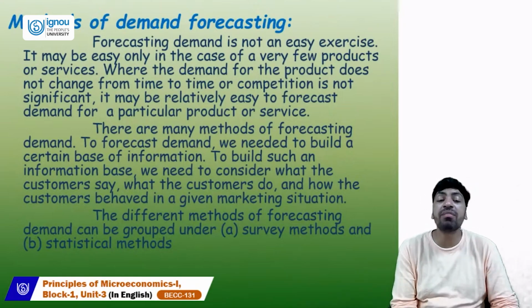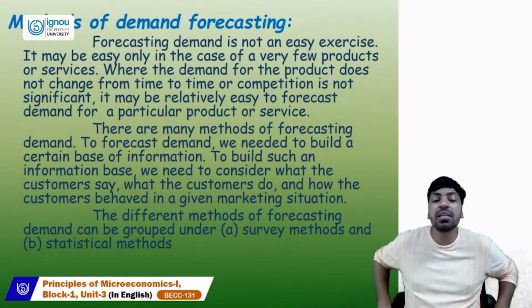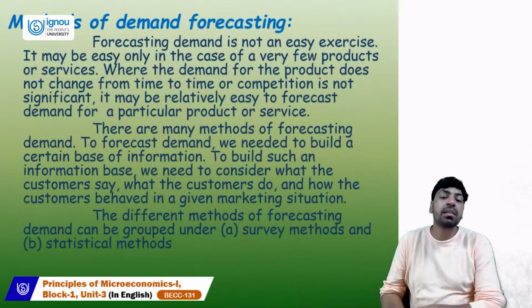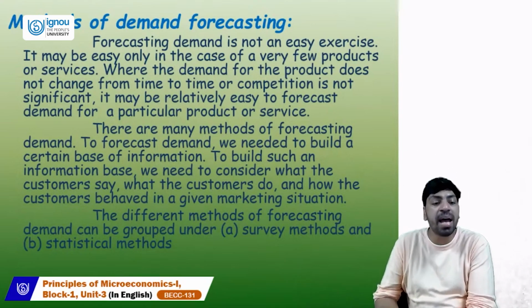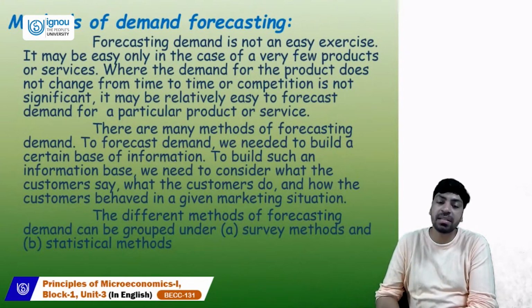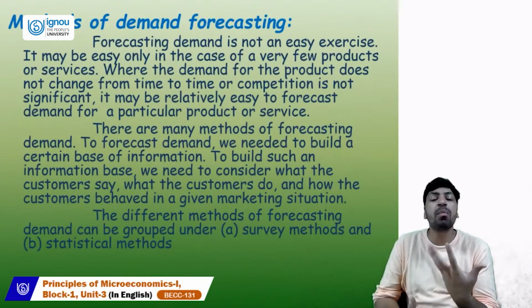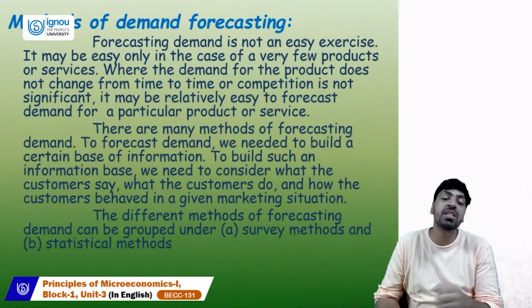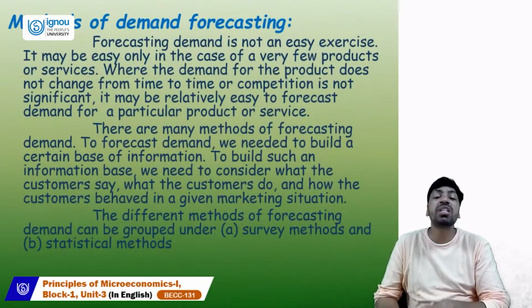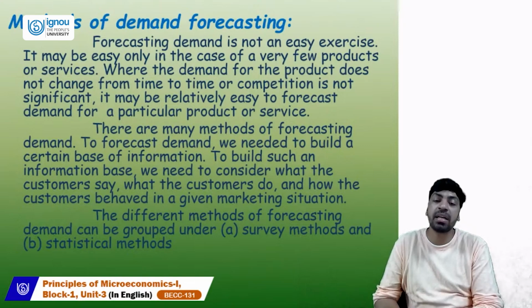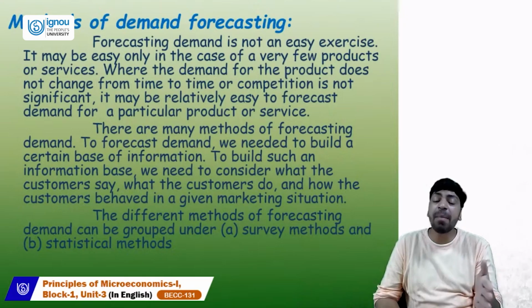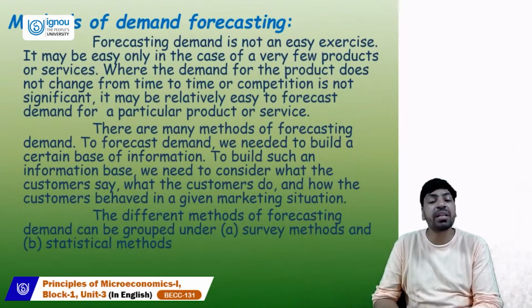When we talk about the various methods of forecasting demand, they are categorized into two methods. The first one is the survey method, and the second one is the statistical methods. When we talk about the survey method, there are plenty of surveys which have been conducted in India, and there are plenty of statistical methods, the parametric and non-parametric tests.